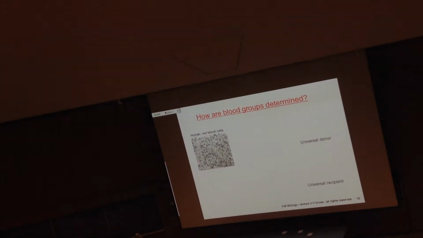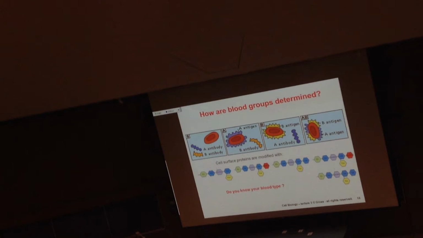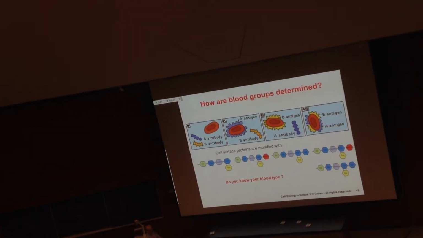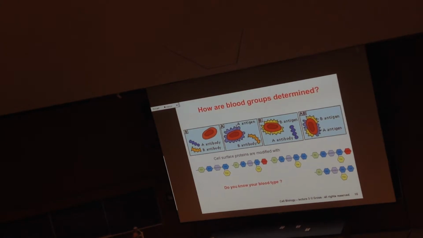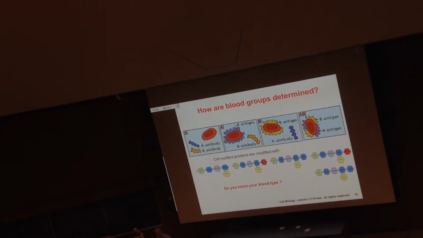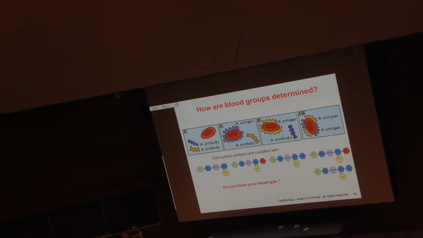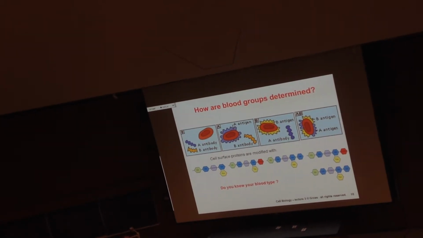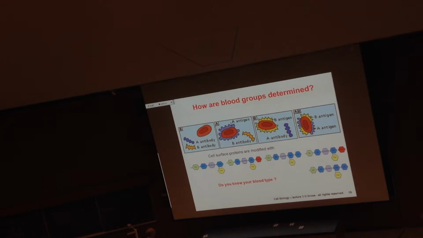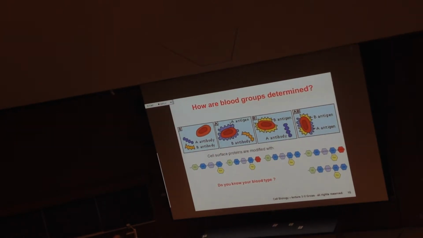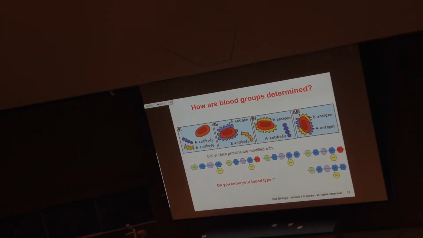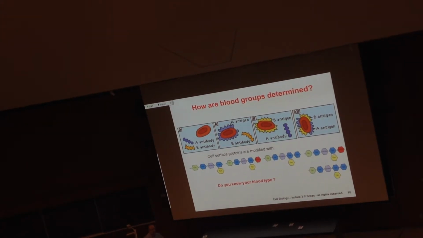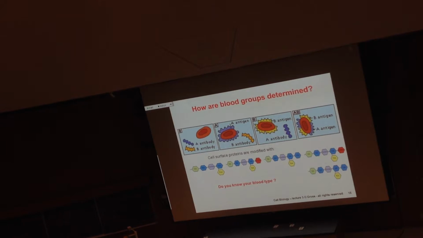Okay, so that's all fine and good, but how does this relate to your immune reaction? Well, one of the things that your immune system does is it's constantly trying to figure out self versus other and leave self alone and attack other, right? That's what your immune system is supposed to do. So if you have O-type blood, that means that your blood cells don't have either A antigen or B antigen on the surface, right?